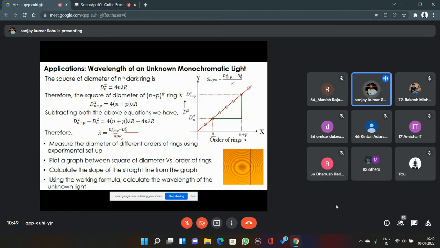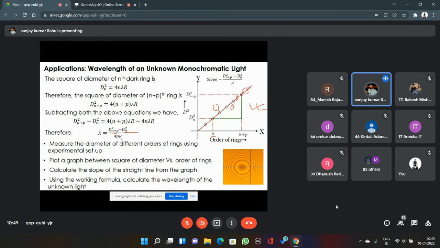Now this is a more precise way of calculating the wavelength of a monochromatic light source, because if any mistake is made while measuring the diameter of any particular dark ring, that mistake will be taken care of. Suppose while measuring you got one diameter square here, one here, and one on this line, like this.